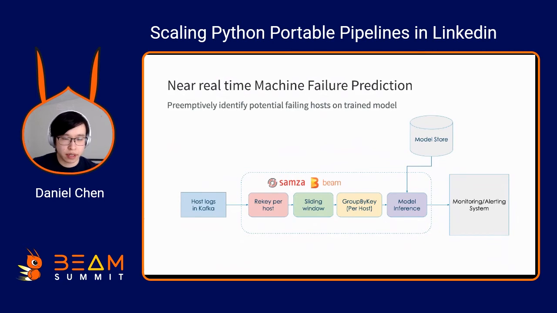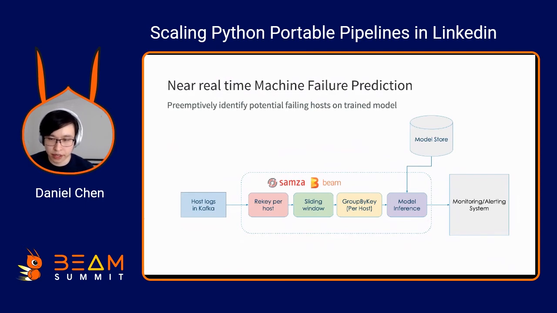So what this does is preemptively identify hosts that could potentially fail. They get the host logs from Kafka, and these are all the events that the host undergoes. They rekey it per host inside a sliding window, I believe for 30 minutes, large enough to actually form a prediction from the model store.